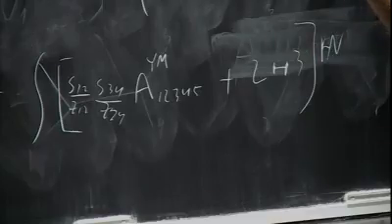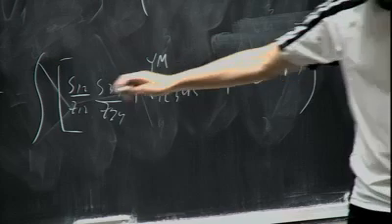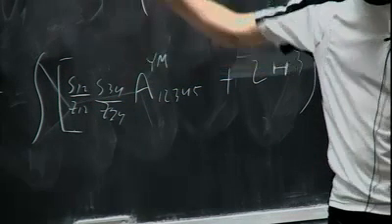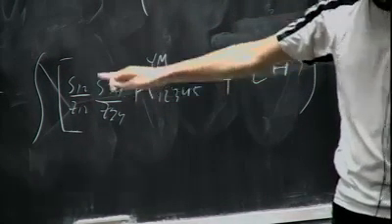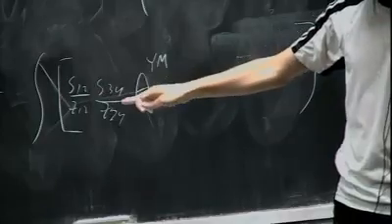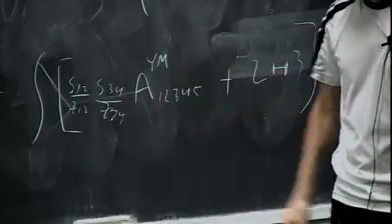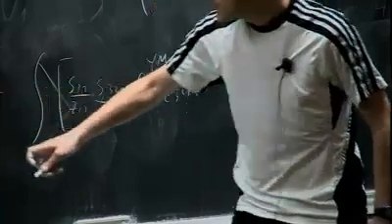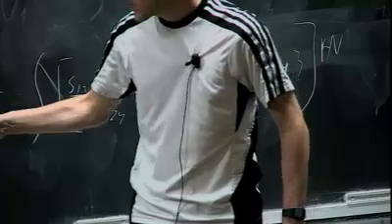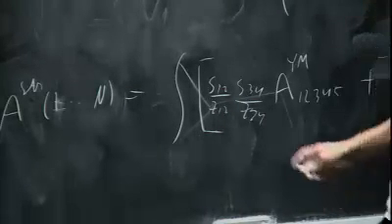And notice that we didn't arrive at the result by first computing the string amplitude and then taking the alpha prime to zero limit. So now we can check that we did the computation correctly, because say you take the alpha prime goes to zero limit in this side, in the canonical ordering.